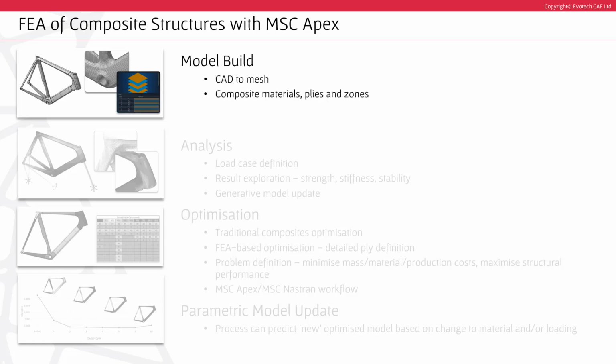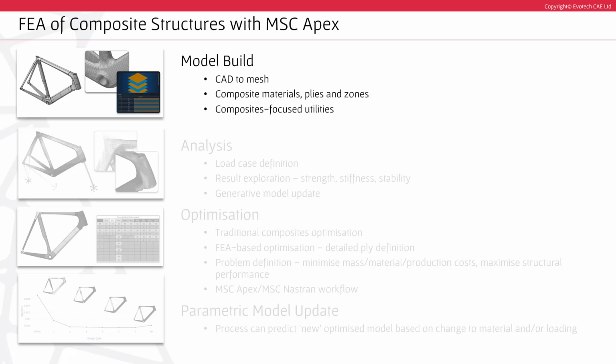We'll look at the definition of, or rather the generation of composite materials, looking specifically at plies and zones, and we can focus on orthotropic materials pertinent to typical UD and woven cloth type materials, zone definition, plies, and we've got the capabilities as well to look at orientation for fibers in different areas where draping and that kind of thing might be apparent.